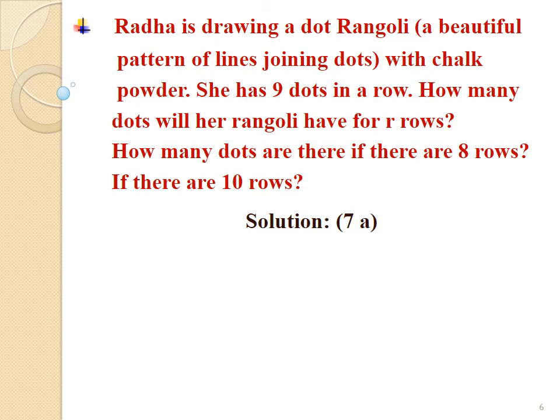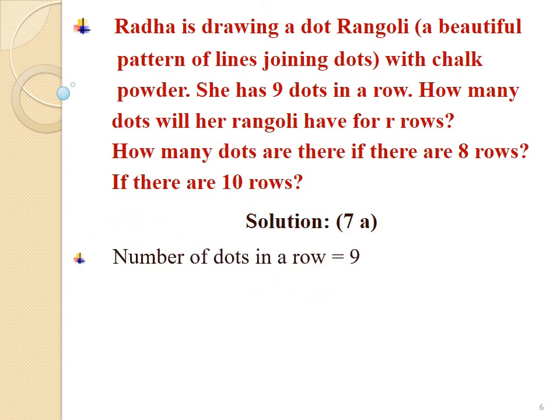So, let us help Radha and write the rules for each and every sub-question. Solution of sub-question A. Number of dots in a row equals 9.